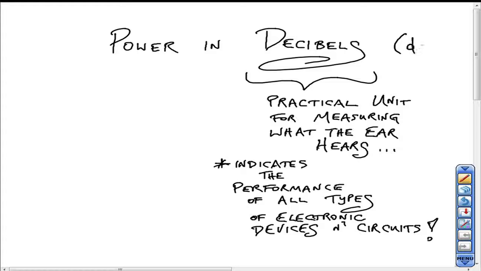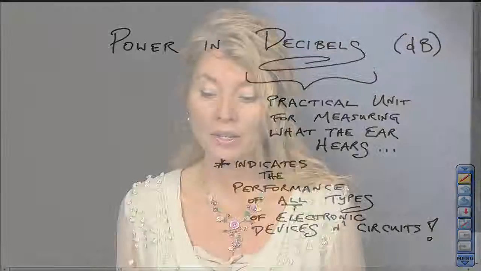Typically, this is how you would represent a quantity of decibels: the unit is little d, capital B. What decibels do is indicate the performance of all types of electronic devices and circuits. So that's the decibel, and specifically what we're going to look at is calculating the power in decibels.